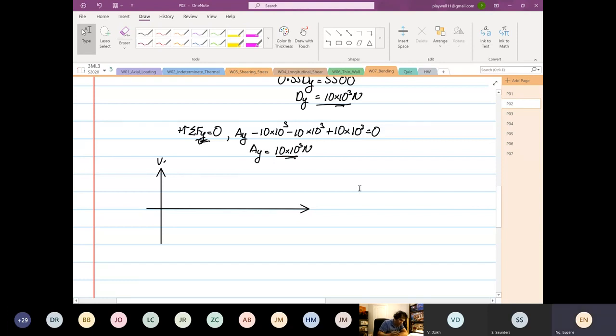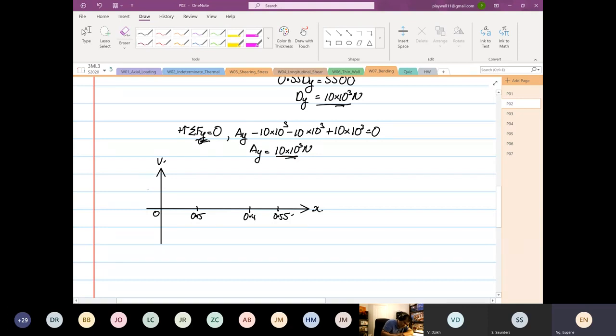So this will be your X. So this is 0, then you have 0.15, then 0.4, and then you have your 0.55.